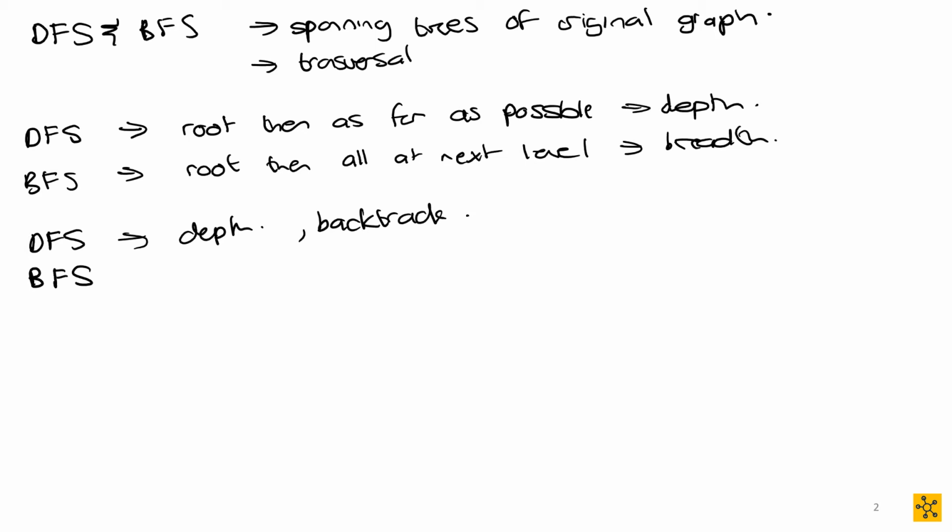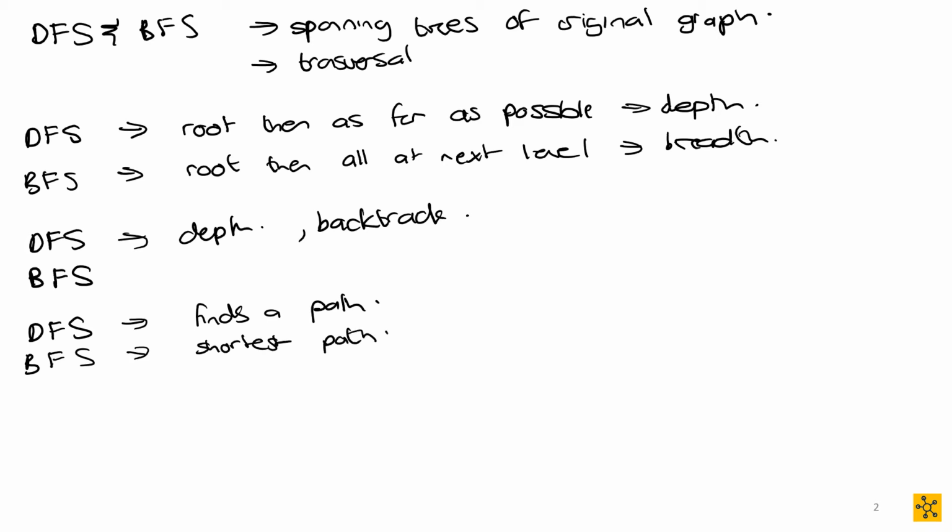Okay. Some other things, the depth first search finds a path, usually a long path kind of a situation. So it finds a path as you're doing your whole spanning tree situation, whereas your breadth first search, it's really finding the shorter path. So something we will discuss further next week or so, or the week after, is in regards to the shortest path.